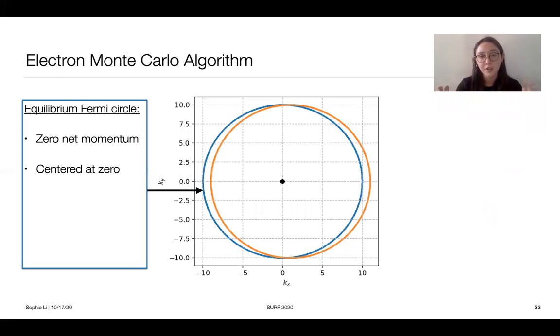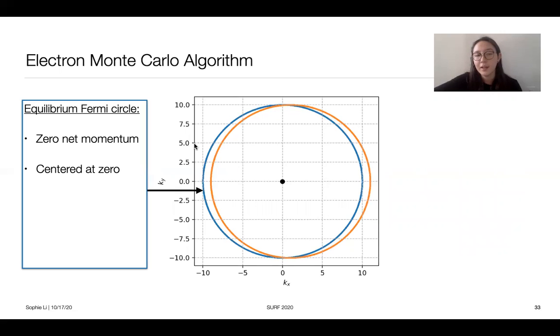In an electron gas, the momentum vectors can form a Fermi circle. So in our case, a 2D circle in which, when you have zero temperature, all of these momentum vectors lie on the circle that is at the distance of the Fermi energy. So in this case, it would be 10.